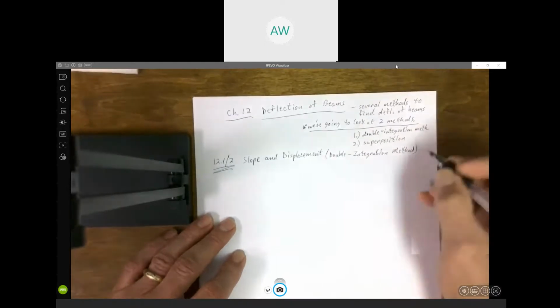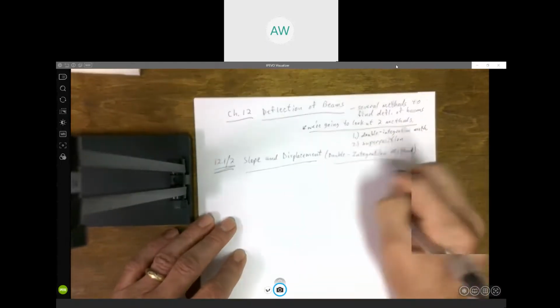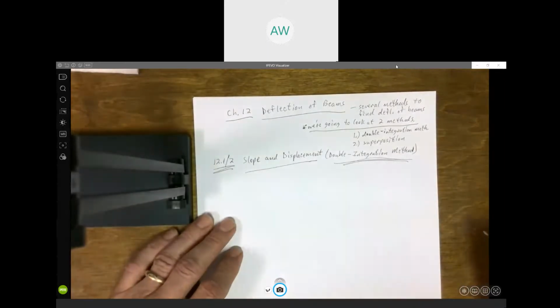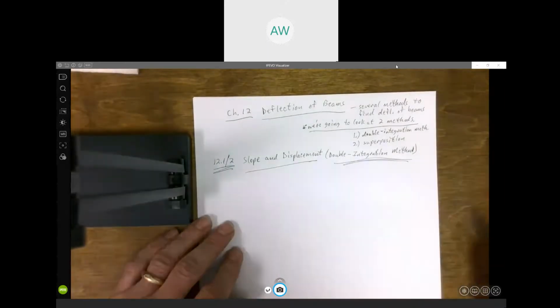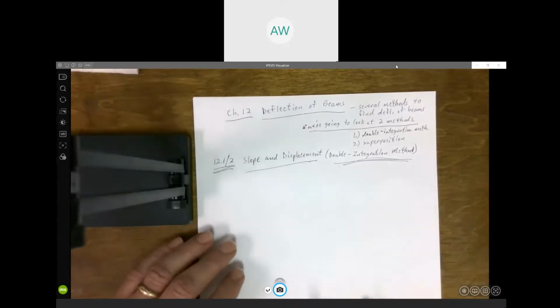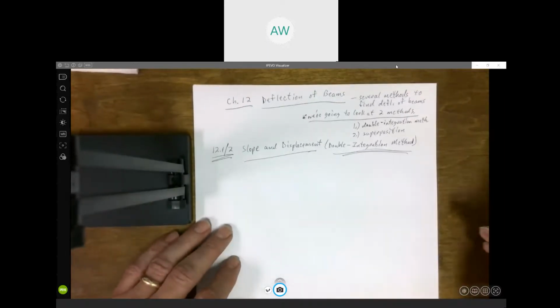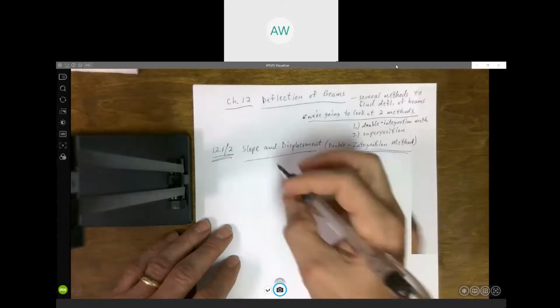As you might guess from the title, somewhere in here it's going to require us to integrate twice. And you'll see where in a minute. But all I want to get to today is this relationship.